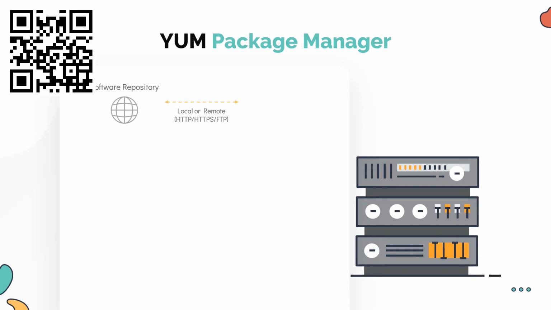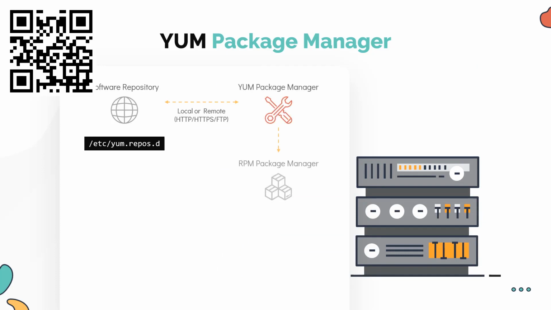The information about the repository is saved in a configuration file under the /etc/yum.repos.d directory. Under the hood, YUM still makes use of the RPM package manager to install the package on the system. Usually the operating system comes bundled with its own software repository.